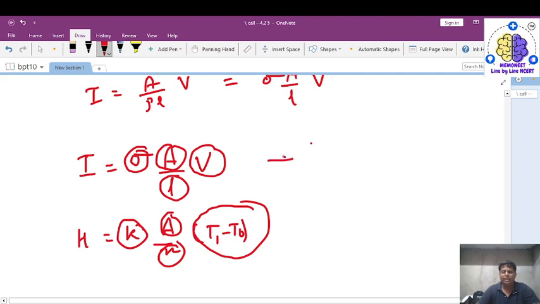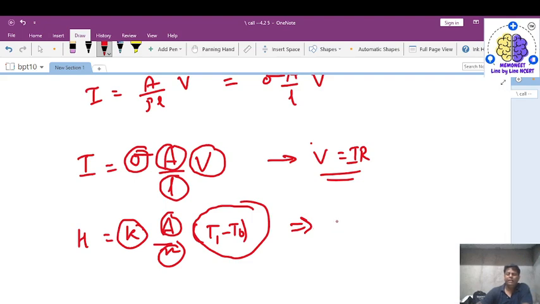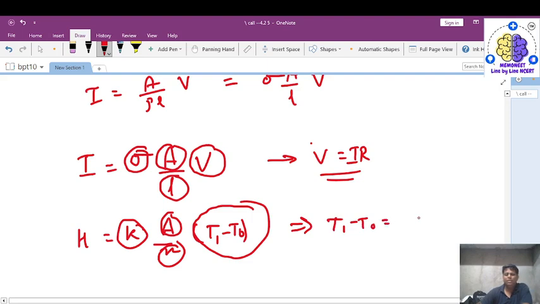Therefore, we can say that just as Ohm's law, V is equal to I into R, is followed in current electricity, in the same way Ohm's law is followed in thermal conduction, and we can write it as T1 minus T0 is equal to H into x upon K A. Here the temperature difference is analogous to voltage, H is analogous to current, and x upon K A is analogous to resistance.